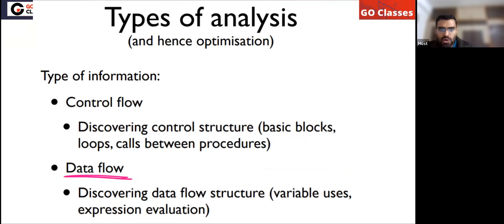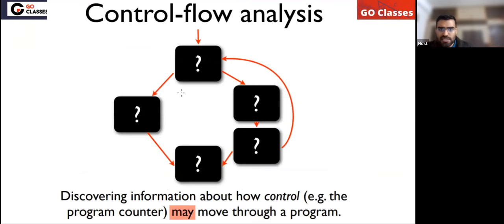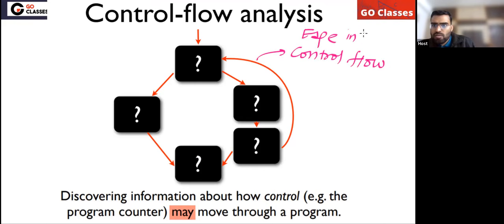Another is data flow analysis. In data flow analysis, we worry about how the data is flowing, how the data is going from one place to another, one instruction to another, one basic block to another. Control flow analysis only worries about the control. This is your control flow. An edge indicates possible control flow, correct?